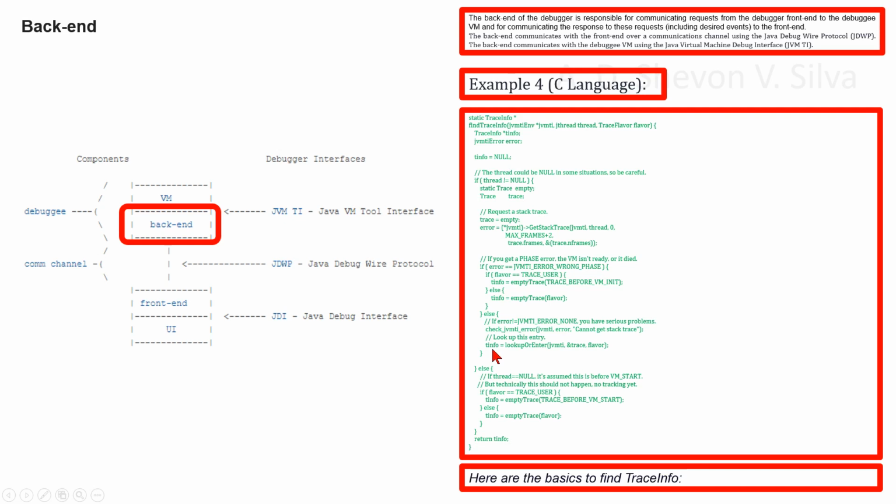Another potential problem to avoid, for performance issues, is being aware of the critical sections, one of which is the lookup or enter function. Using too many critical sections could dramatically slow the entire application.